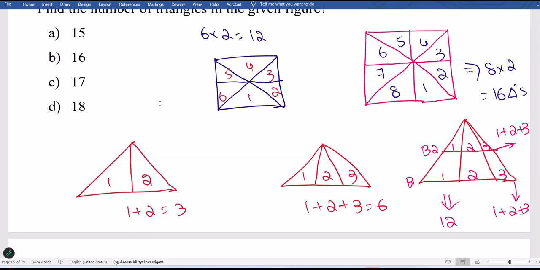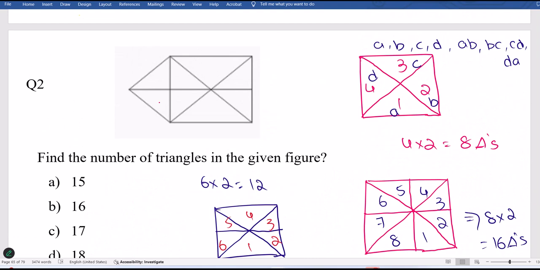Now for this case here, 3. This is 12, here it is 3. Total 15, we combine separately. Now when you combine, this triangle is not counted anywhere, because of the joint. As they are joining, this is separately counted. This small triangle is counted here, this small triangle is counted here.